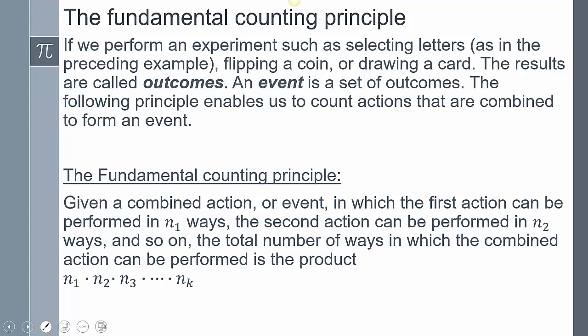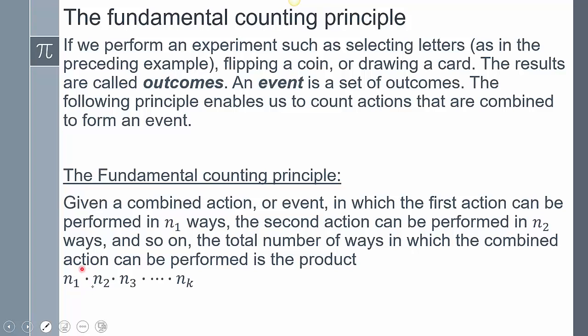Now, the fundamental counting principle says that given a combined action or event in which the first action can be performed in n sub 1 ways, the second action can be performed in n sub 2 ways, and so on, the total number of ways in which the combined action can be performed is the product.